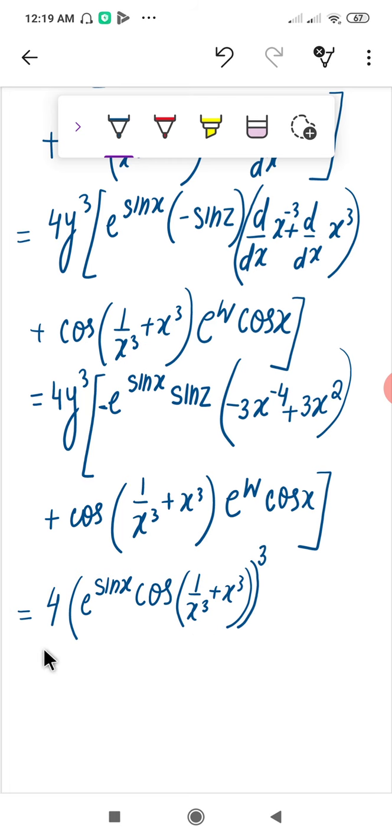Come to the next step. Take this minus inside the bracket.